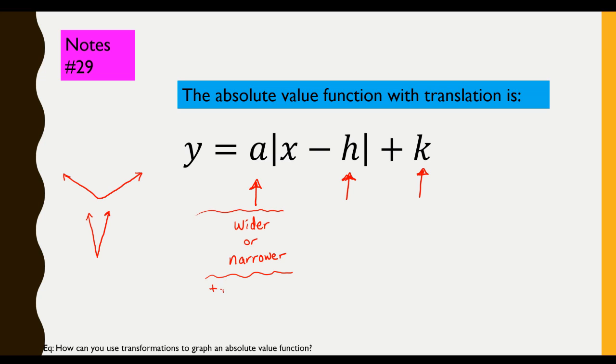And if it's positive, it opens up. If it's negative, it opens down. Because you can have a graph that opens down. Depends if it has a negative or not. So when it's wider, it's a regular number. When it's narrower, it's a fraction.